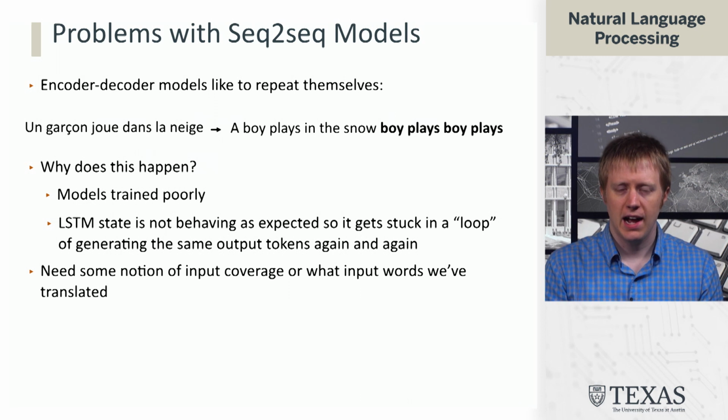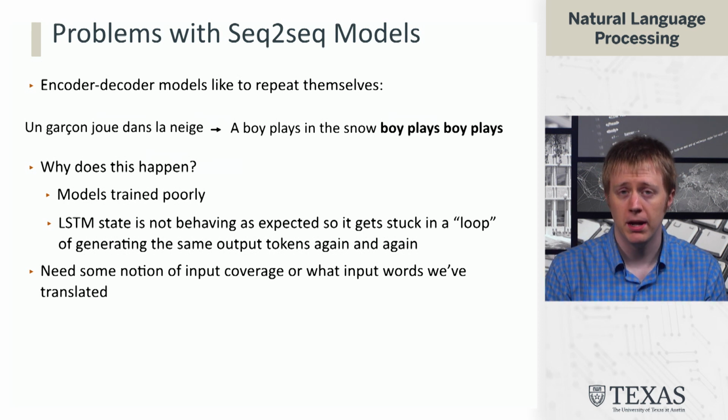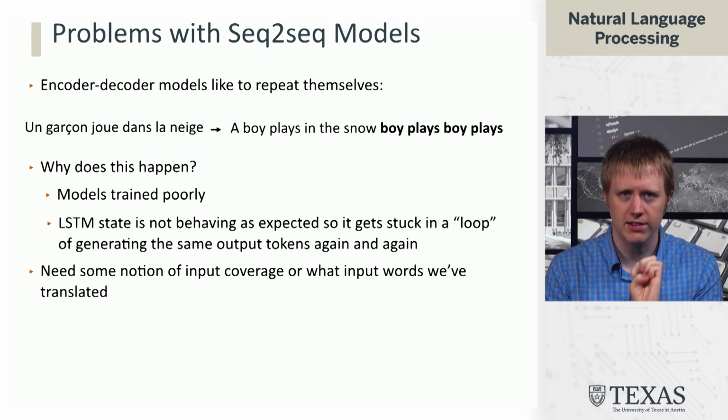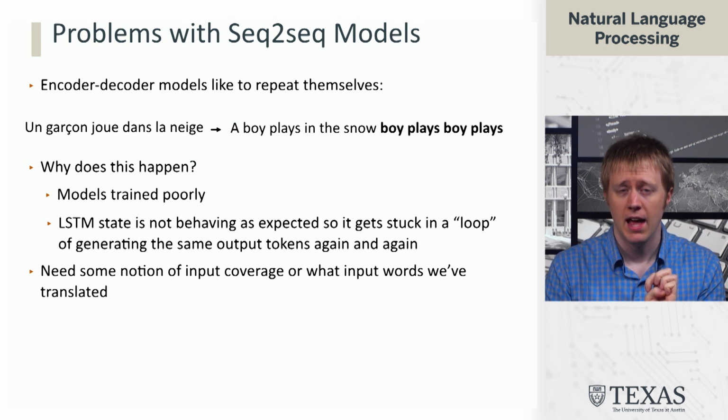So the idea from machine translation, which we'll talk about later when we get to MT for real, that has typically solved this is a notion of coverage. You should translate each word once. And that's something that we haven't encoded yet, but would be very useful to do.